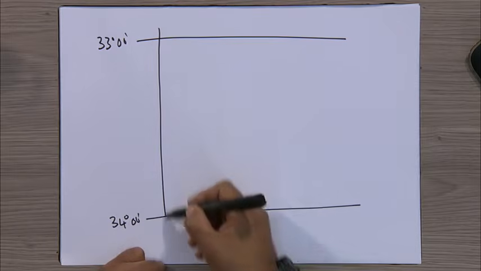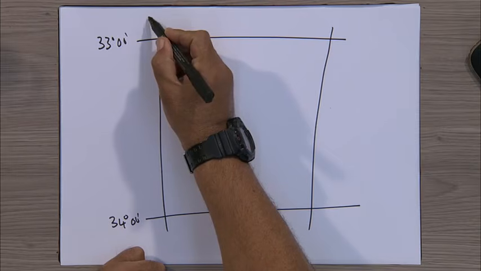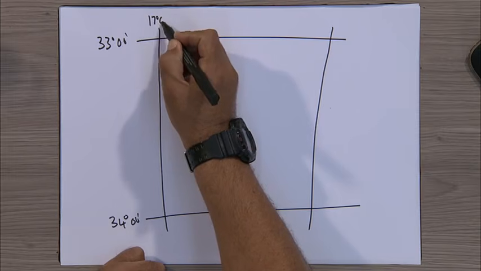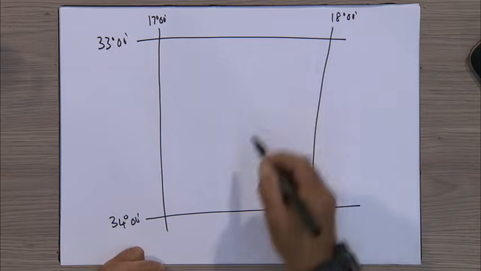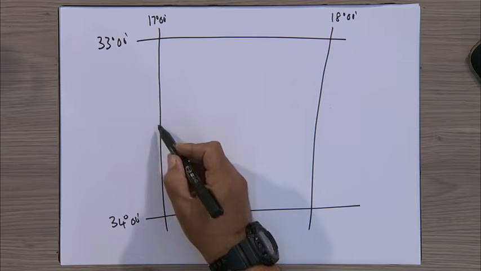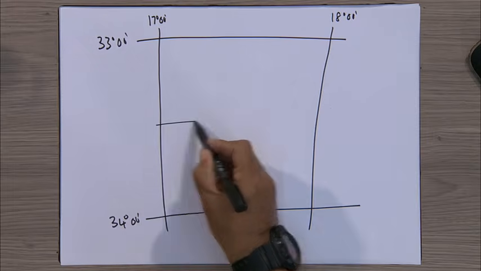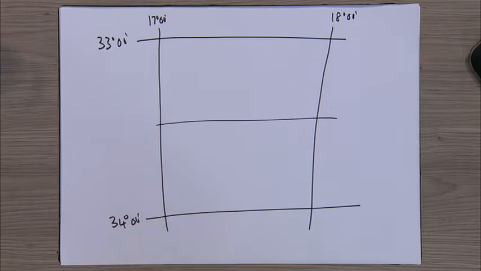And then let's take another 2 lines. There's one, and there's one. And let's call this 17 degrees, 0 minutes, and 18 degrees, 0 minutes. Now, this area is a very, very large area. So what we do, we divide it in half this way. And you know that there are 60 minutes in a degree.